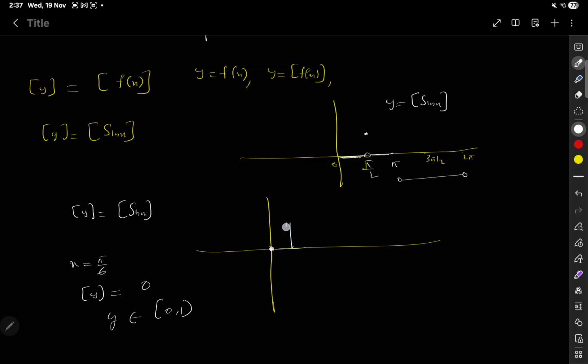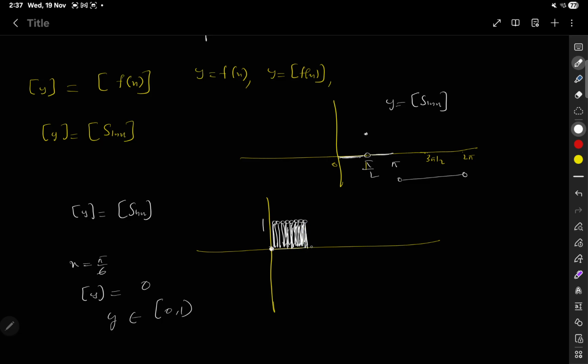So like this. Not just pi by 6, everywhere. So the entire area will come, like this. What is this? Top. Okay, this top will be 1. That is not included. Okay, like this it will come.